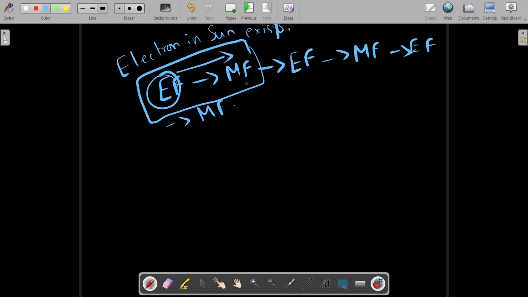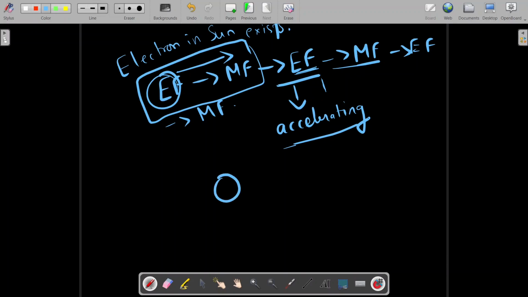After this, due to the acceleration, it created an electric field which is also accelerating. That is, the electric field is changing, which induces the magnetic field. Due to the accelerating electric field, it induced an accelerating magnetic field.